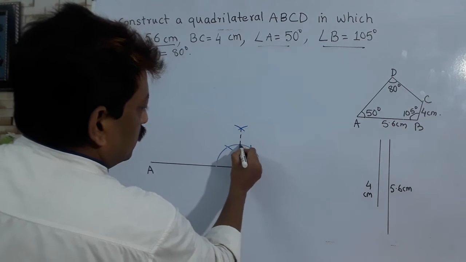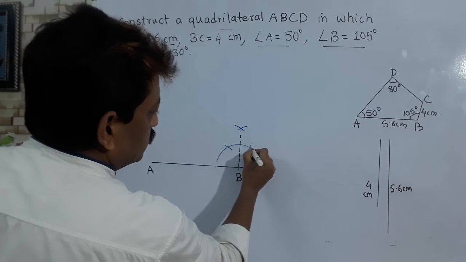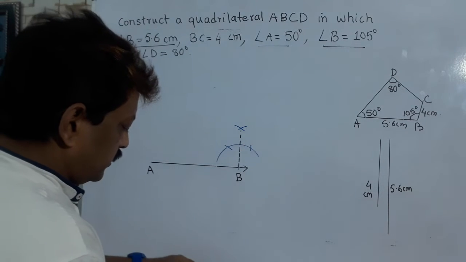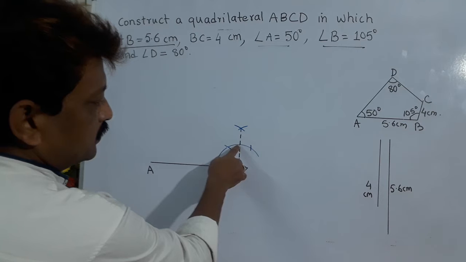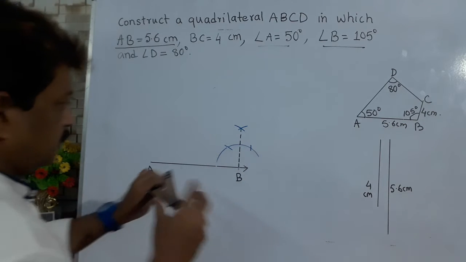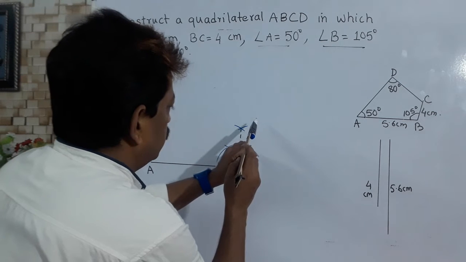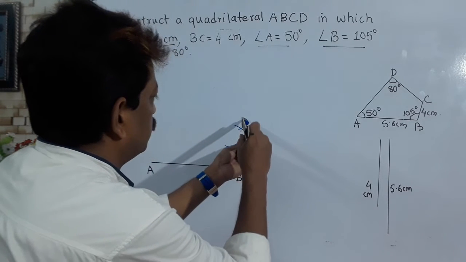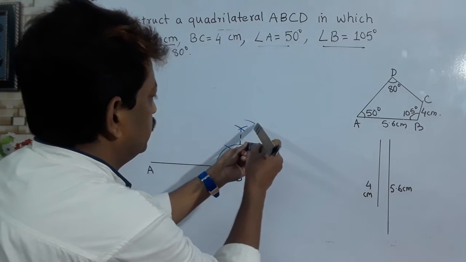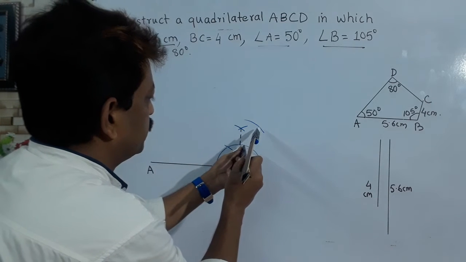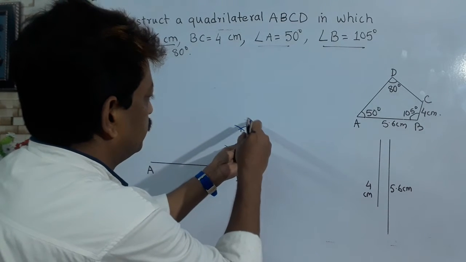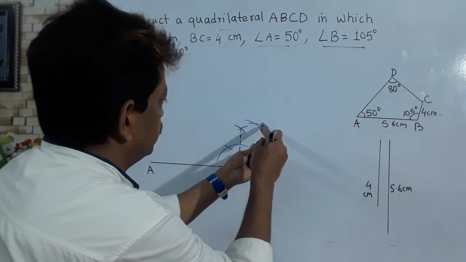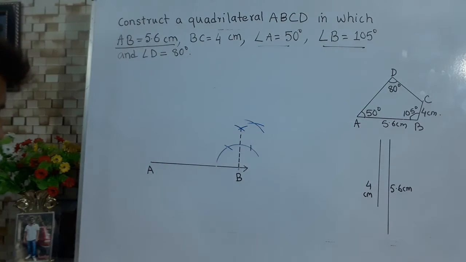Therefore, this is 90 degrees and this is 120 degrees, and the angle 105 degrees will lie between this 90 degrees and 120 degrees. So here, with the help of compass, draw an arc of any radius, placing the compass on the 90 degree point, and then intersect the arc by placing the compass at 120 degrees.